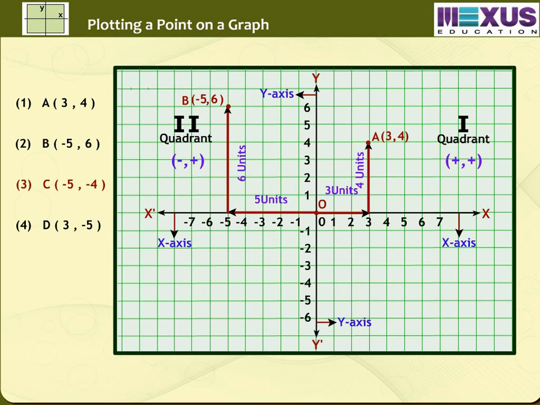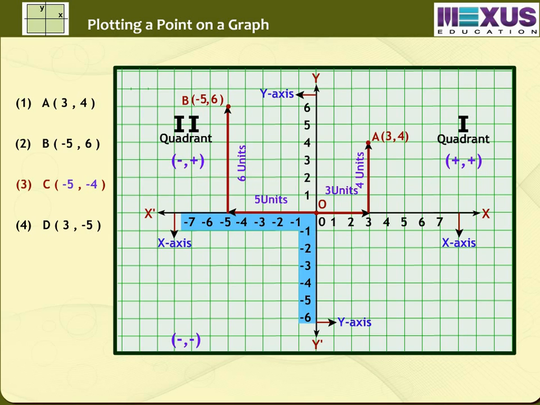3. To plot the point C(-5, -4). Here the x-coordinate of C is -5, so it lies on X'O, and the y-coordinate of C is -4, so it lies on OY'.